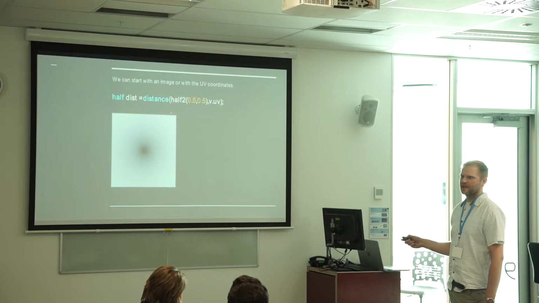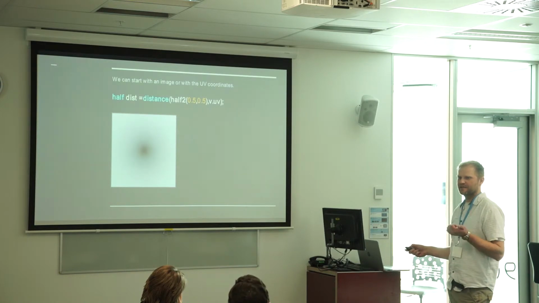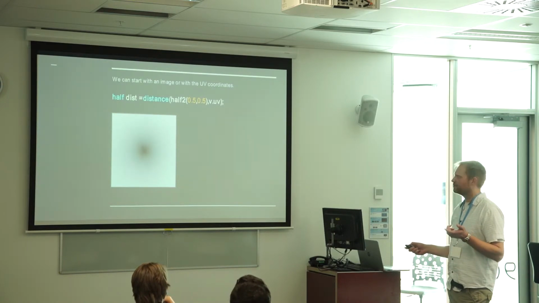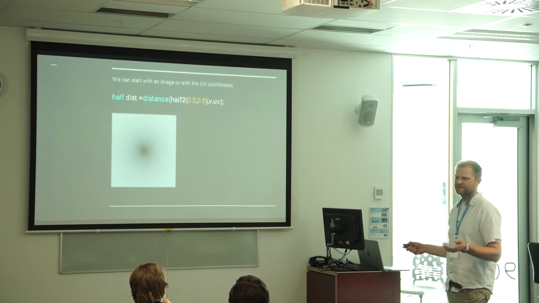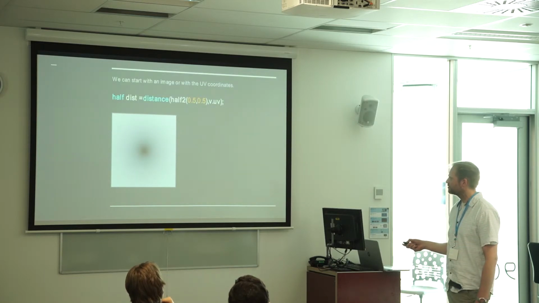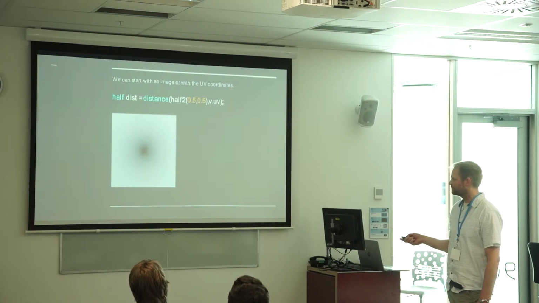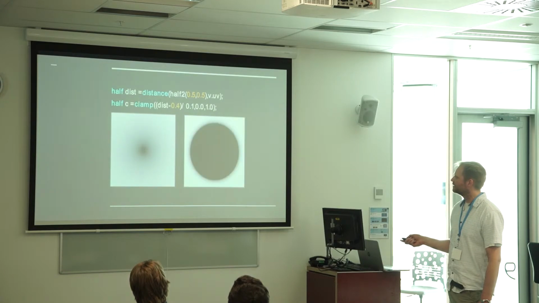I should mention that clamp and a lot of these functions are native to the graphics programming API. So if you're using CG or GLSL or whatever, it'll be native. So this is just a distance which gives me the center of the UV space. And here is a clamp applied to that to make a shape.